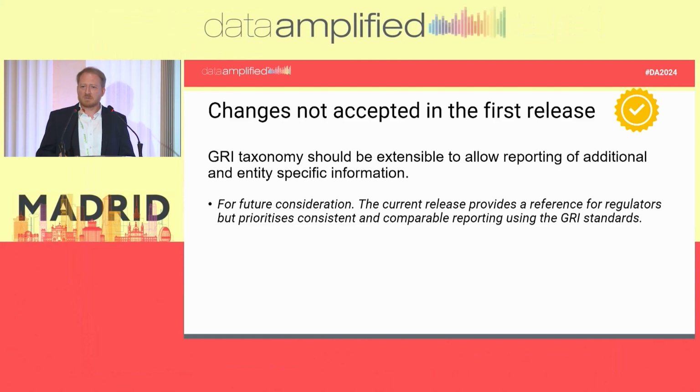In that case, to start off with, we believe it's right to issue a closed version of the taxonomy, to reflect the fact that it is the standards, and we want to make sure that the data you report is reported consistently and in a comparable way. But it may well be the case that for use by regulators, an extensible version of the GRI taxonomy would be a very good product and tool. So it's not something we've closed off in any sense. It's just not suitable for the first release.